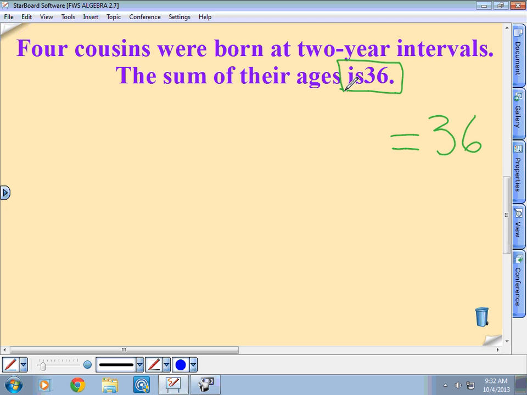We're going to use the even thing because of the 2 years. Because they're 2 years apart, you're going to use plus 2 intervals. And how many are there? 4. So we're going to use 3 addition signs, because they're born every 2 years, we're adding 2 years in between. So we're going to do n, n plus 2, n plus 4, n plus 6.